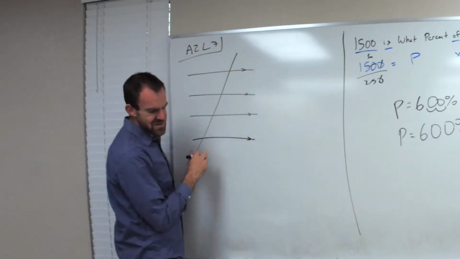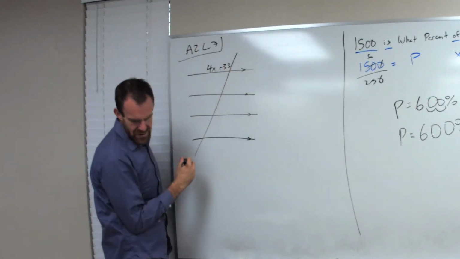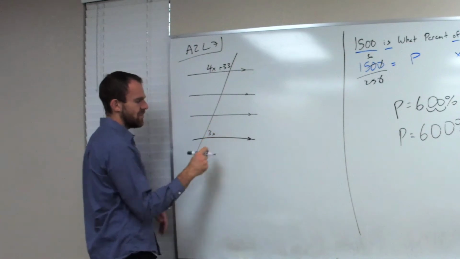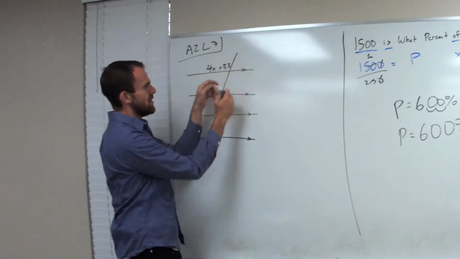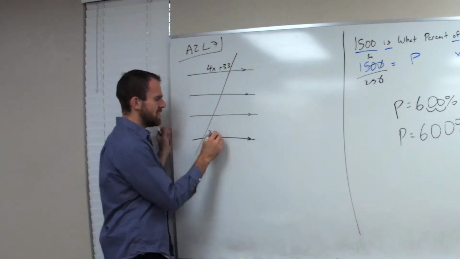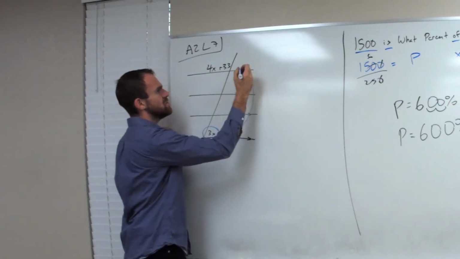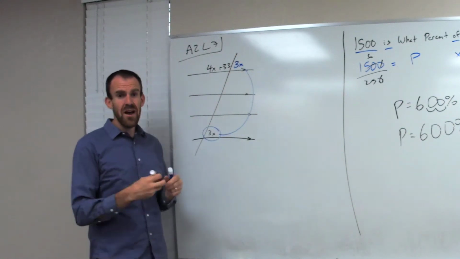So they give us this is 4x plus 33, and then they give us 3x here. Now remember, each of these intersections is identical because you have a transversal line going through a bunch of parallel lines. So that means this angle corresponds to that angle.